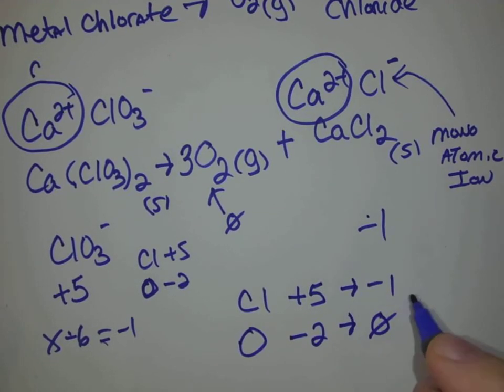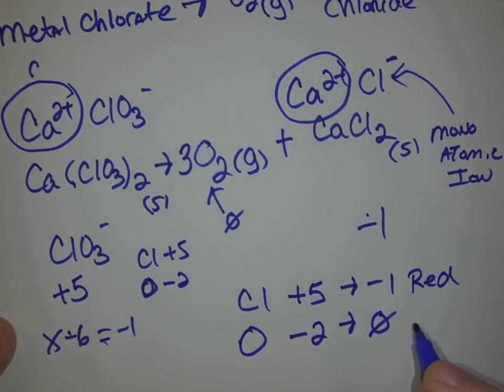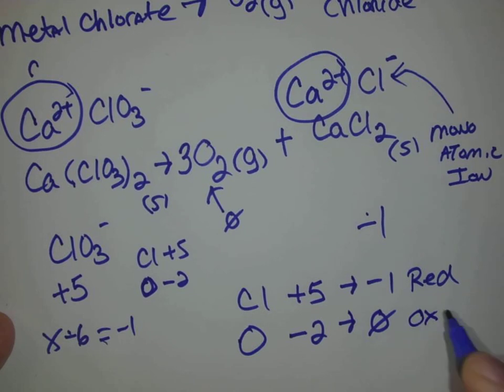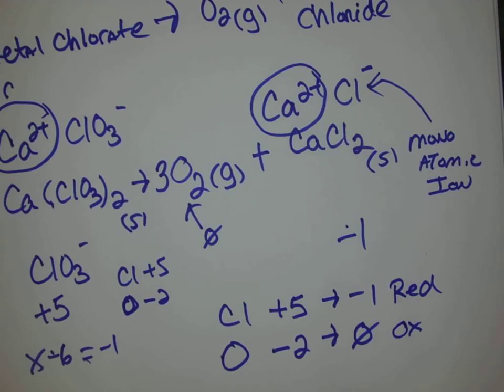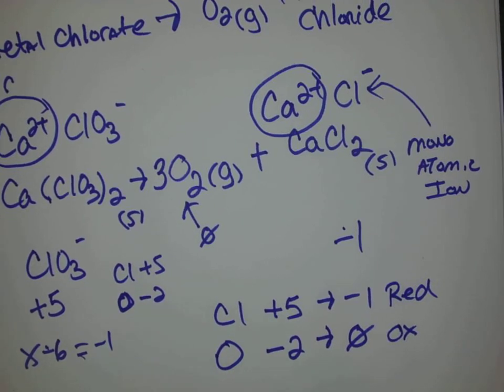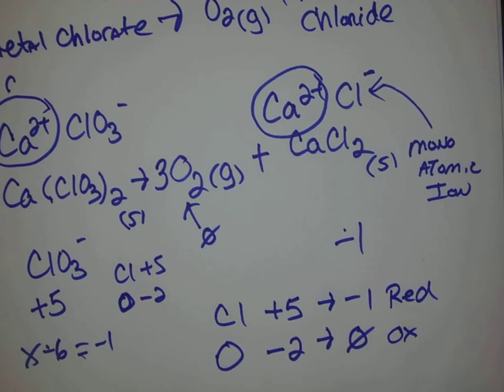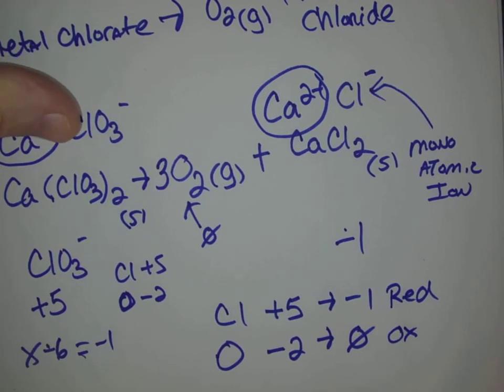Chlorine is gaining electrons, so it is being reduced. Oxygen is going from a -2 to a 0, and it's being oxidized. And that is decomposition.